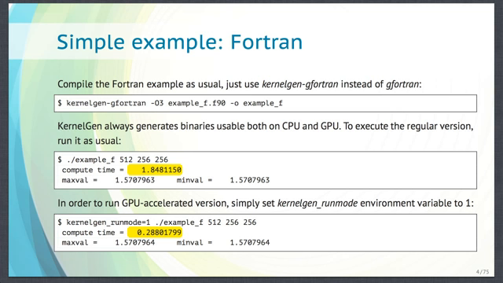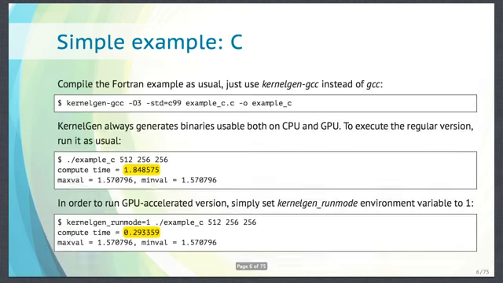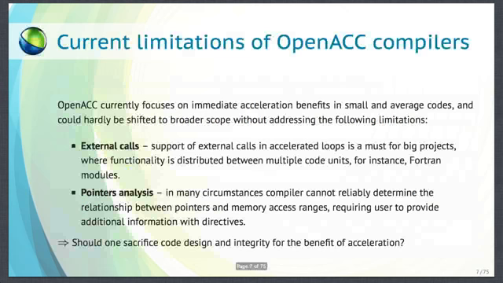But if you want to execute the same application on the GPU, you do the same thing and just add an additional environment variable, and you'll have some impressive speedup. The same code in C, the same magic for compilation and deployment, and the same speedup.